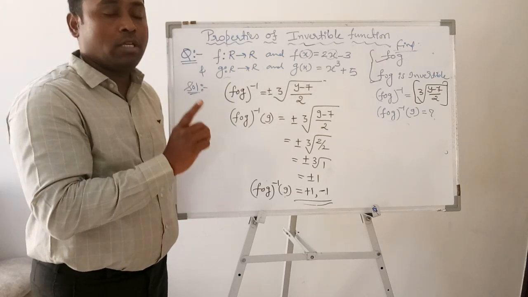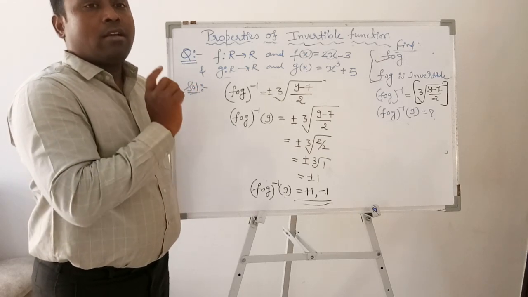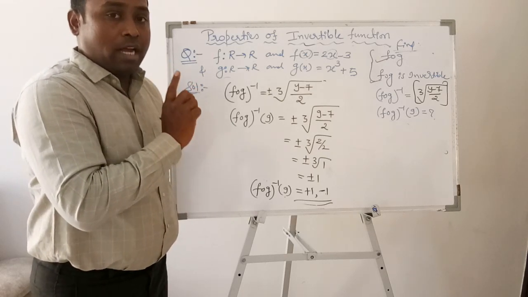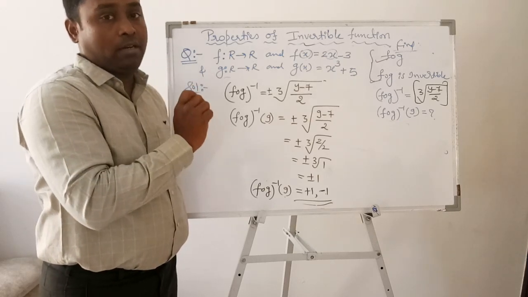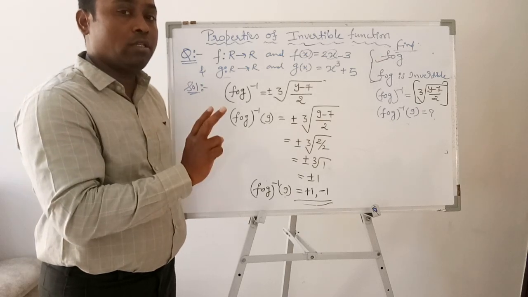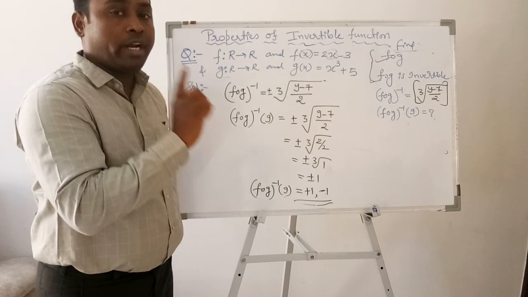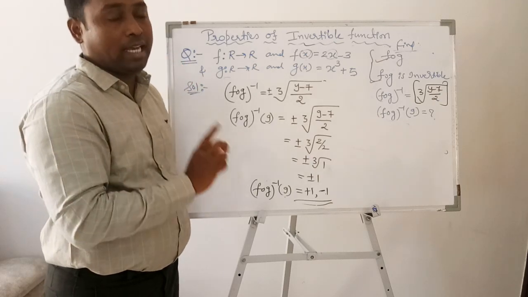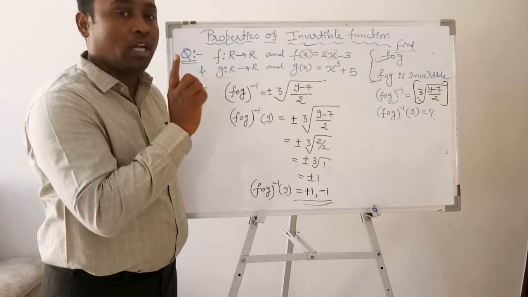The first point was, if f is invertible, then f inverse of inverse is the function itself. The second point was, every invertible function possesses one and only one inverse.